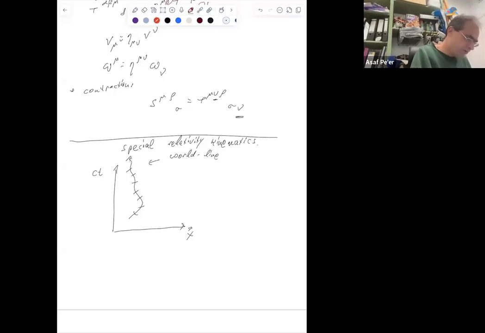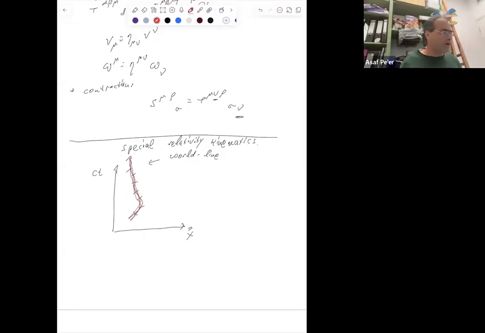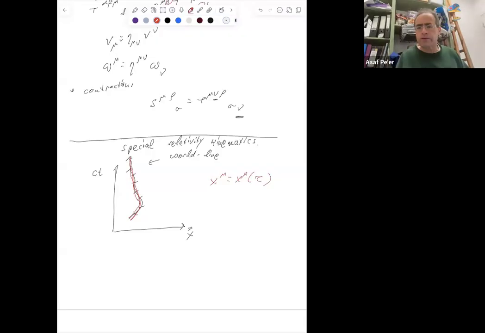It should be a little bit more fun and done with color or whatever, but you got the idea. Now I can select any parameter to parameterize where I am on that world line, but there is only one natural parameter, which is the proper time, tau. So I write down the location of each object as x mu as a function of tau. For a given tau, I know where I am.